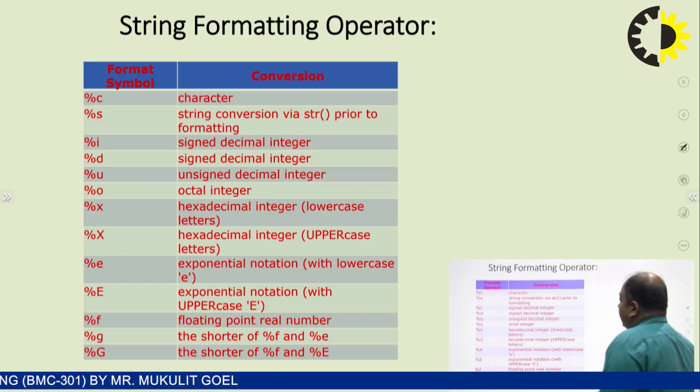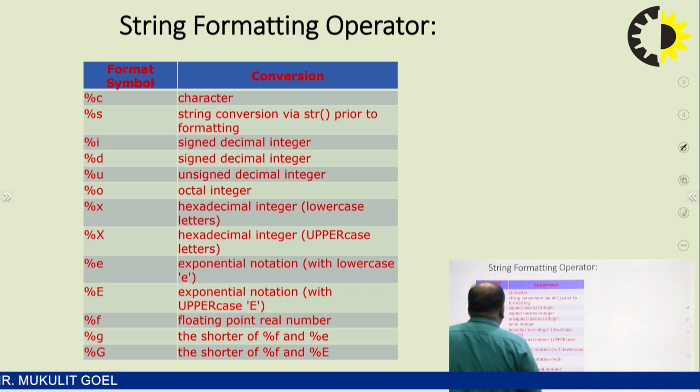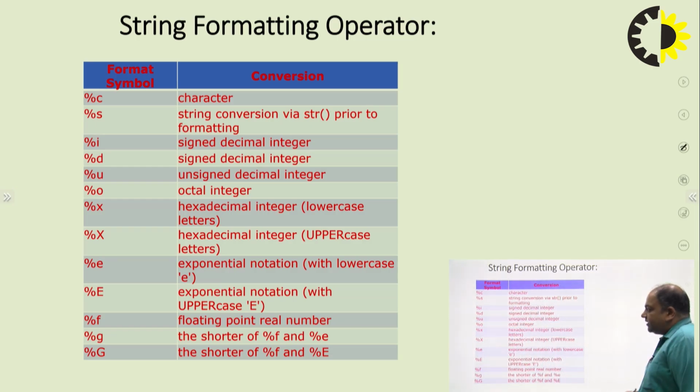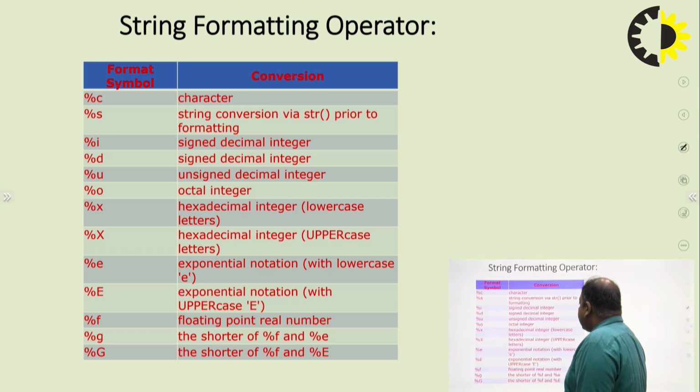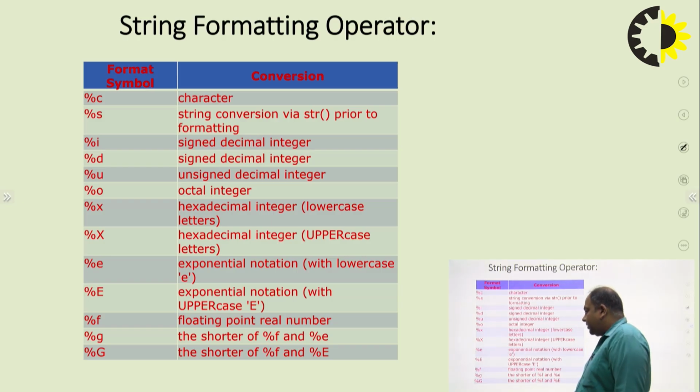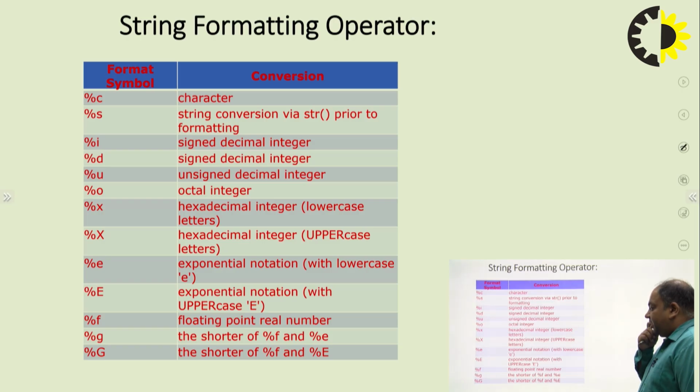What are the formatting operators a string has? %c is for a character. %s is string conversion. %i is a signed decimal integer. %d is also a signed decimal integer. %u is an unsigned decimal integer. %o is an octal integer. %x is a hexadecimal integer with lowercase letters, and %X is a hexadecimal integer with uppercase letters. %e is exponential notation with lowercase e, and %E is exponential notation with uppercase E. %f is a floating point real number. %g is the shorter of %f and %e, and %G is the shorter of %f and %E.